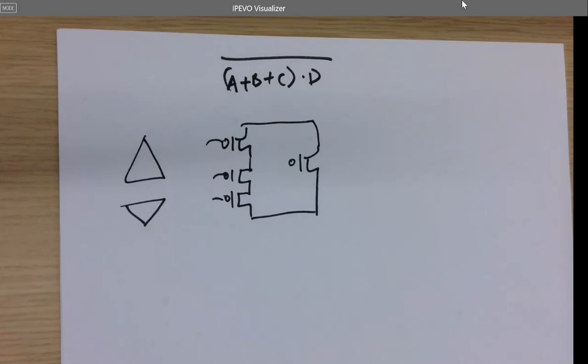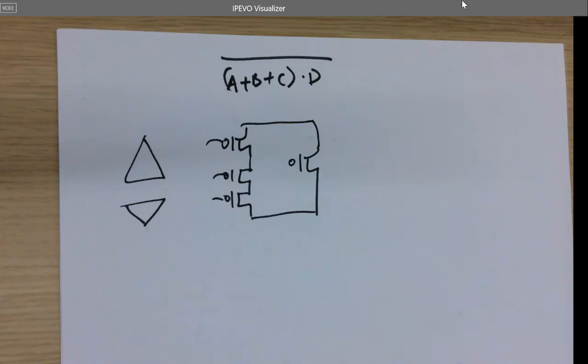Because for A or B or C, if one of them is off, the entire wire here is not being shadowed, so nothing is going to communicate through this line. But others may. Oh wait, this will. That does make sense because it's inverted. So if any of them are written high, it's low, which makes sense.